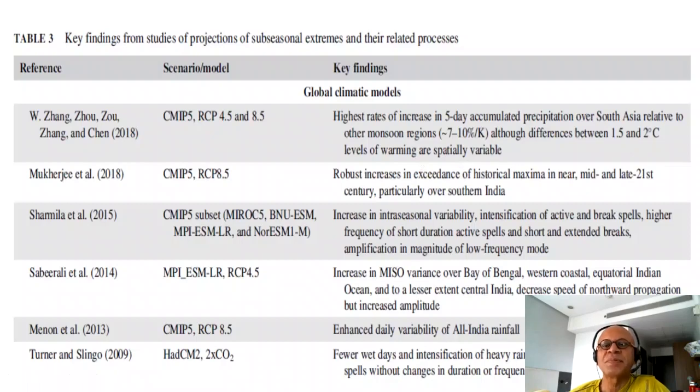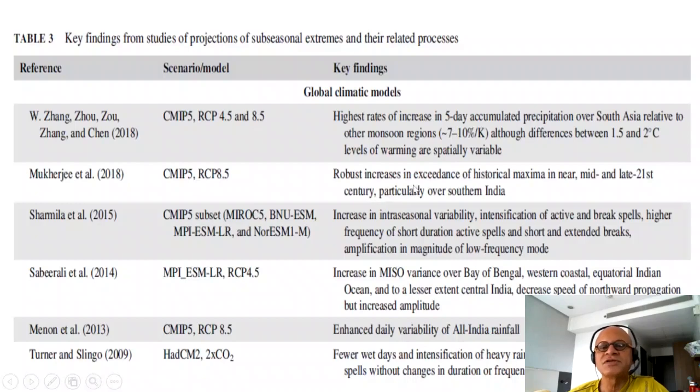So they have compared the warming rates and the sensitivities to warming in terms of accumulated precipitation changes, and conclude that the highest rates occur over South Asia relative to other regions, and the scaling is 7 to 10%, and it changes by the degree of warming.